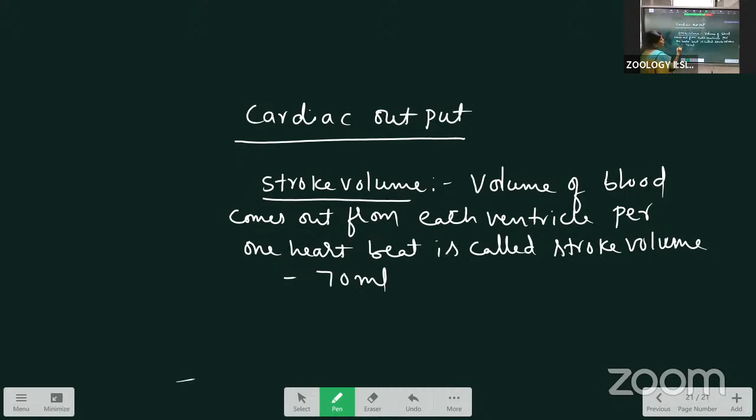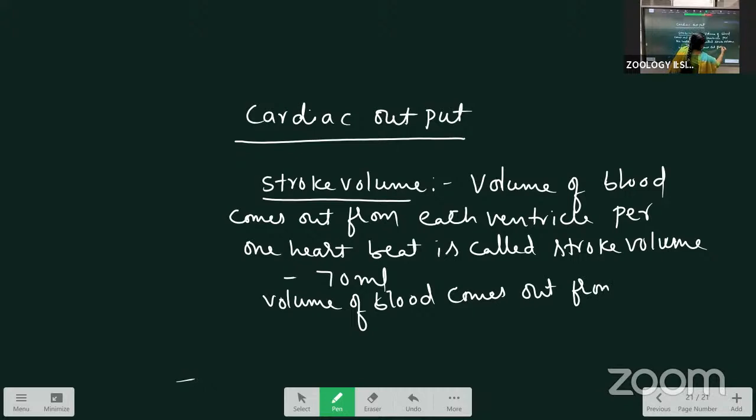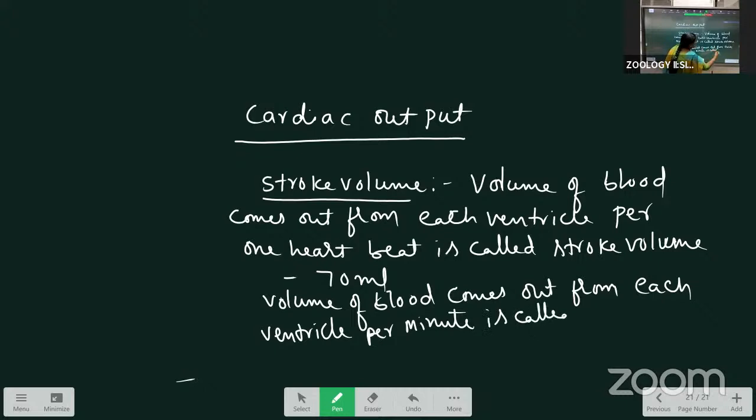Cardiac output means the volume of blood that comes out from each ventricle per minute is called cardiac output.